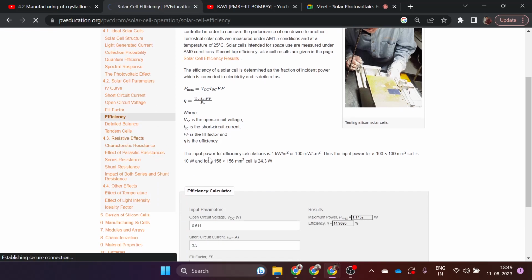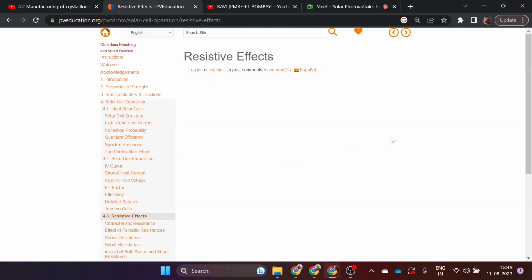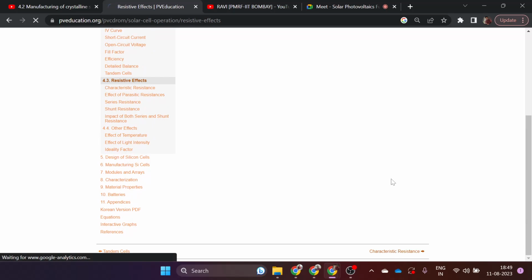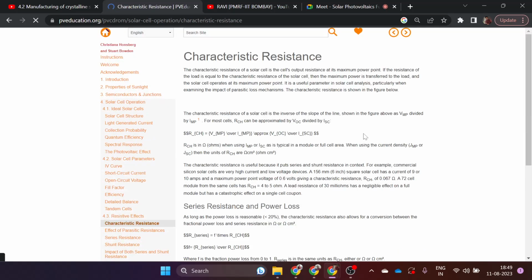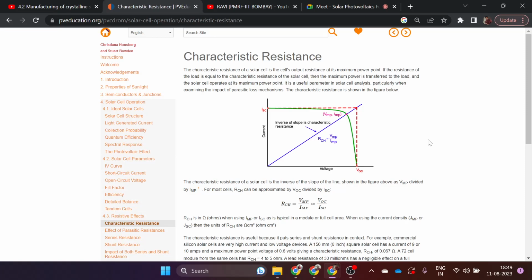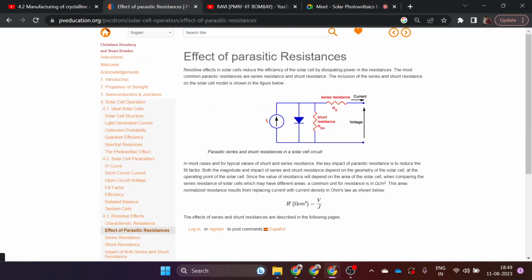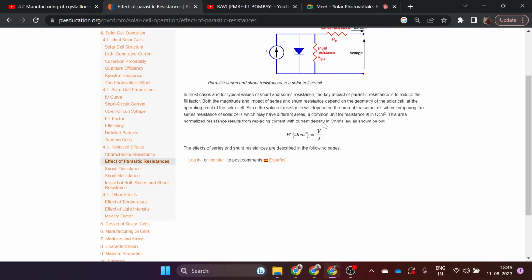Yeah, resistive effect I'll show you. See, this is the series resistance and this one is the shunt resistance.